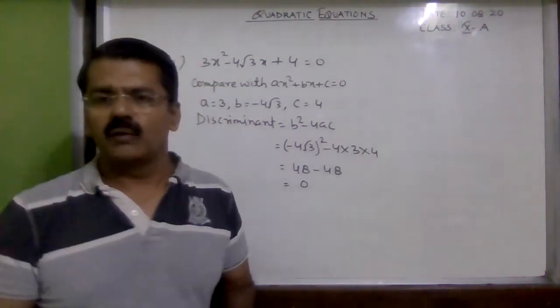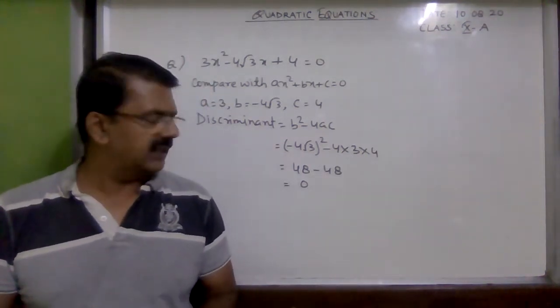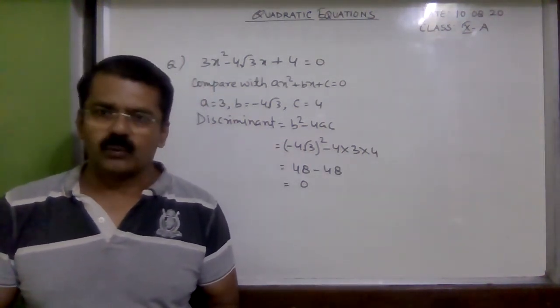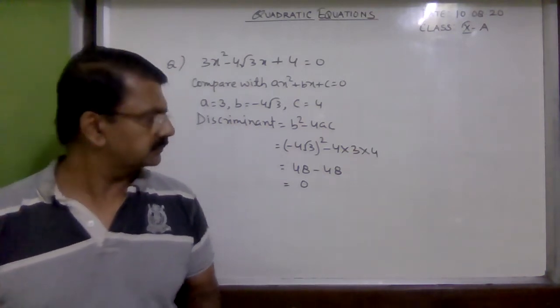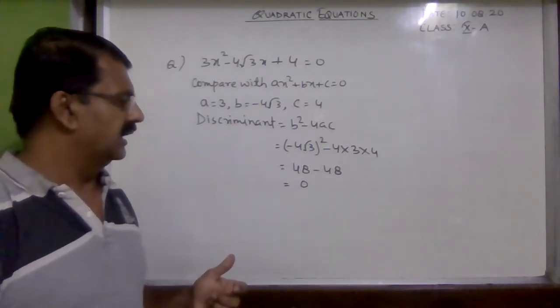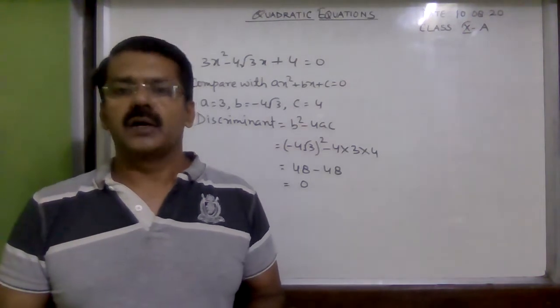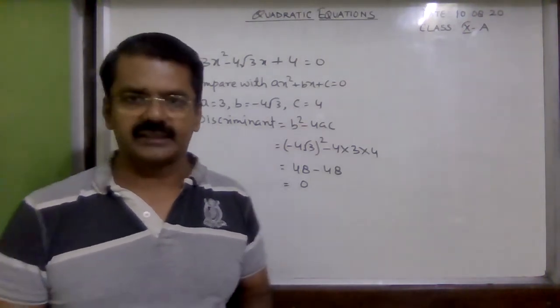You know, when the discriminant is 0, that means the roots are real, equal and rational.